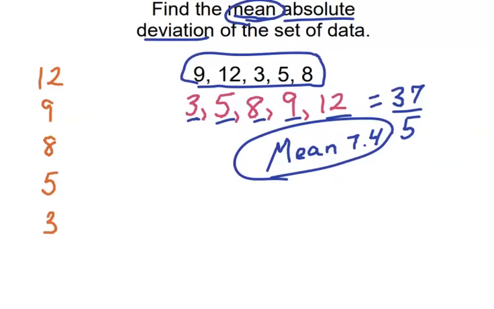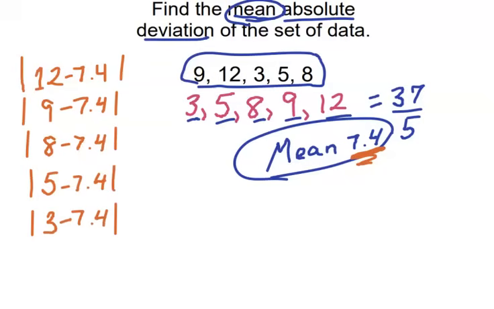But to get mean absolute deviation, remember what you're going to have to do is subtract 7.4 from every number in the data set. I already have them pre-written over here to make it a little bit faster. Okay, so now that we have all that lined up, let's do each one. 12 minus 7.4 equals 4.6.